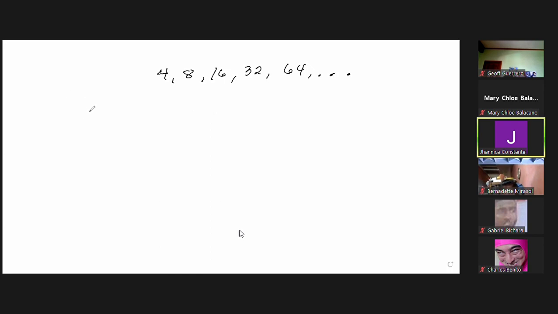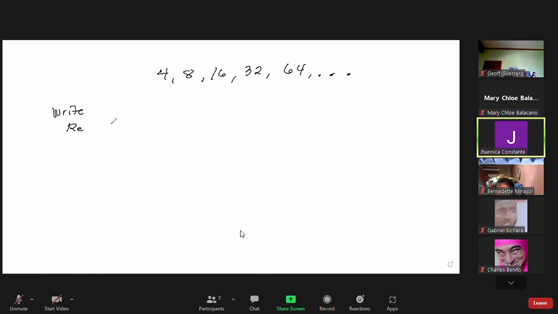Okay. So we need to identify what will be the recursive formula of our geometric sequence 4, 8, 16, 32, and 64. Since we're going to write the recursive formula of our geometric sequence, which is a sub n equals to a sub n minus 1 times r.